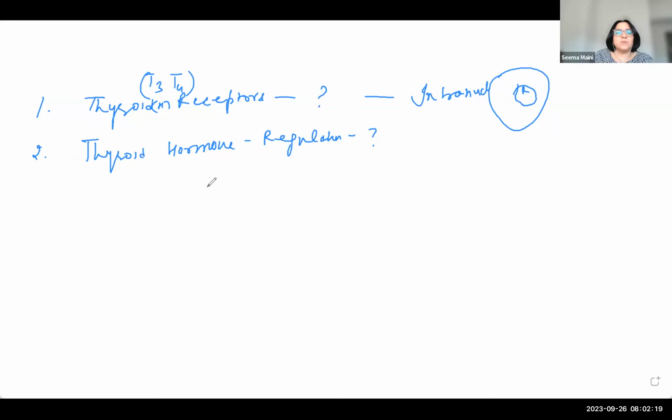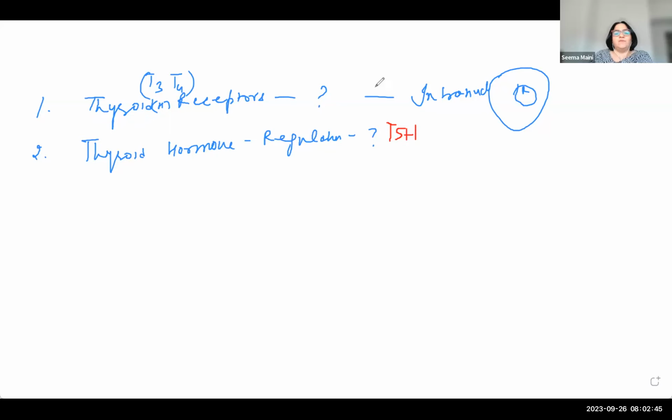Negative feedback starts with the hypothalamus. TRH from the hypothalamus regulates TSH secretion from the anterior pituitary, and then the anterior pituitary controls the secretion of T3 and T4.